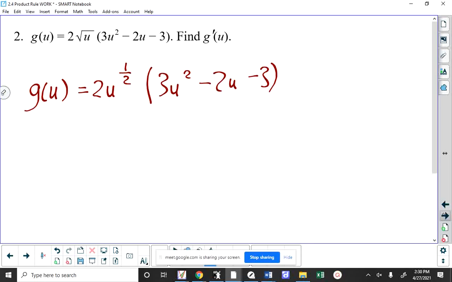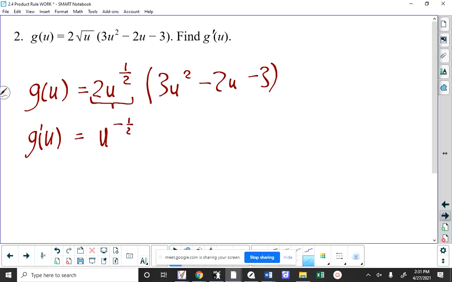So G prime of u is the derivative of the first. So this is the first, which is u to the negative half. Just let that settle in your brain. The derivative with respect to u of 2u to the half is 1u to the negative half.